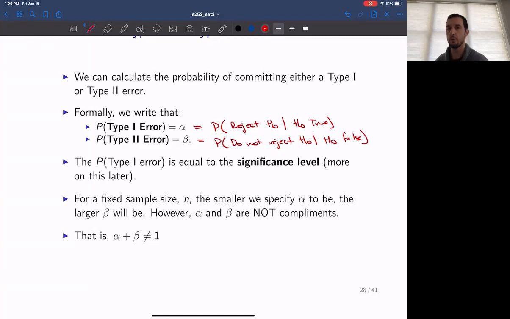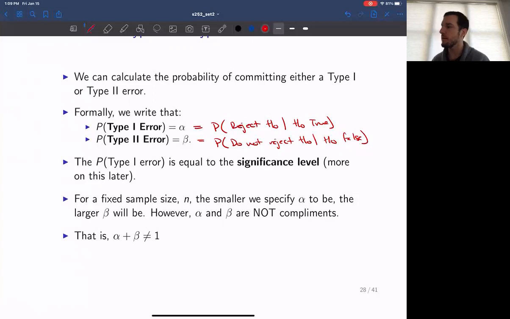So you can see from these probability expressions that the conditions, given H naught true versus given H naught false, are not the same. So these conditions being different is why we would say that alpha and beta are not complements of one another.